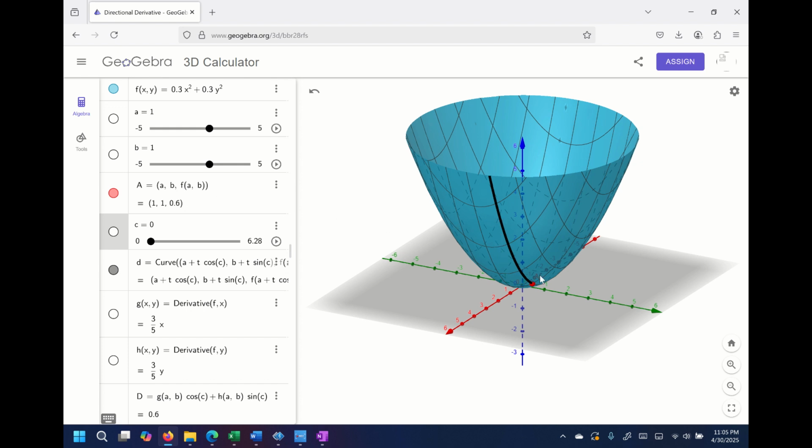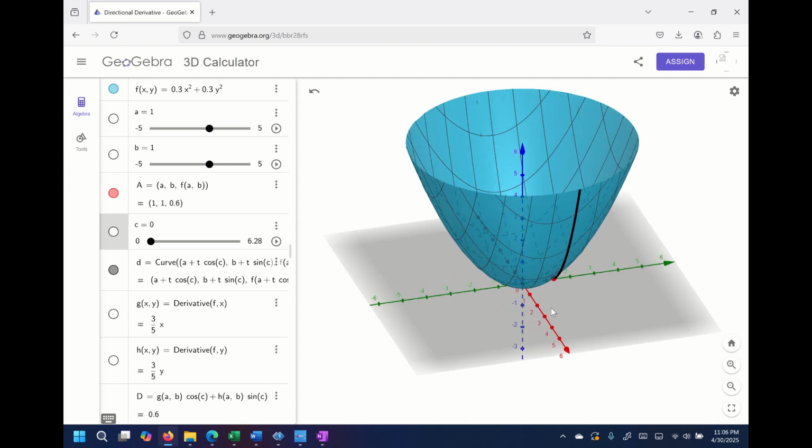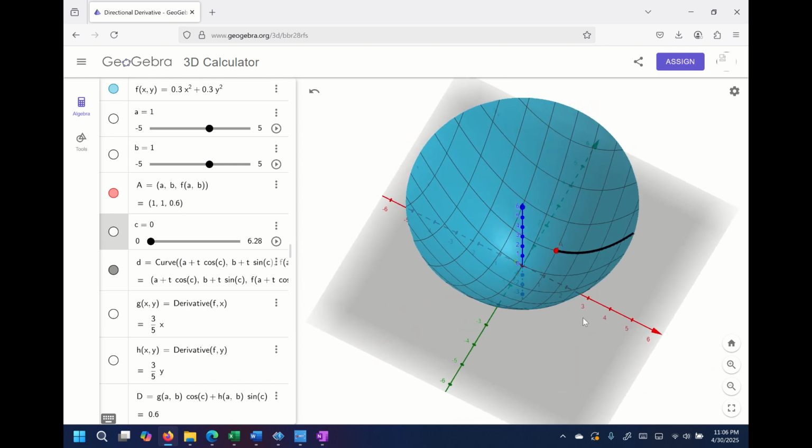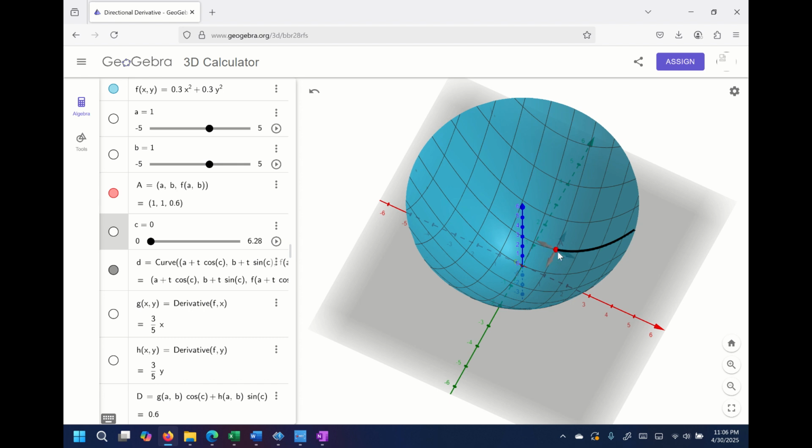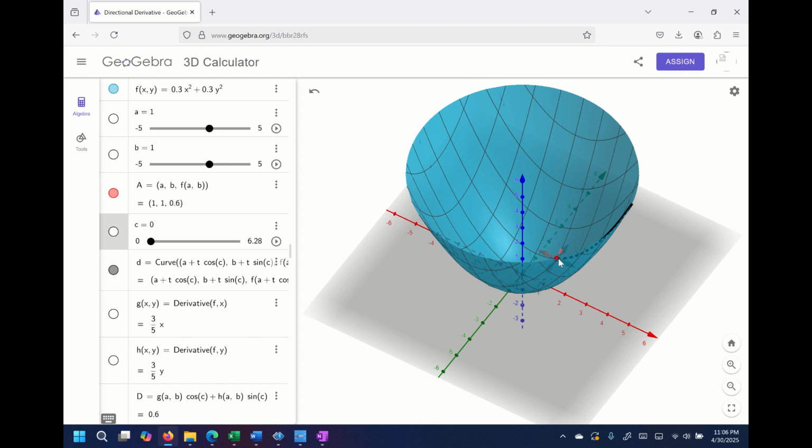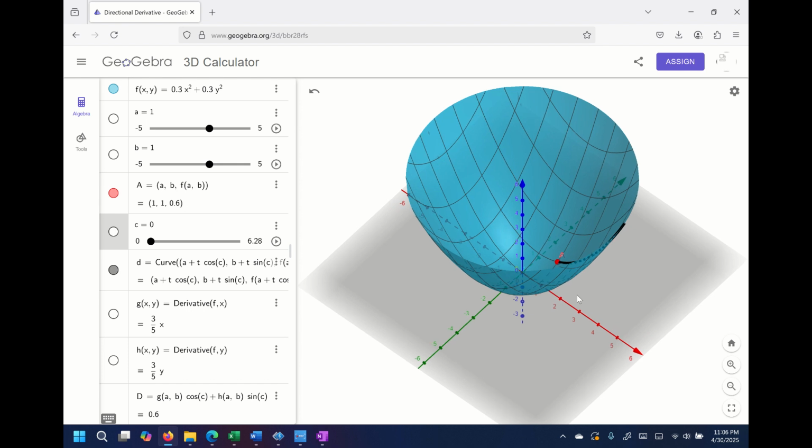If you were at the point (1, 1) right there, and you were standing on this graph, depending on which direction you walk out, you would have a different experience. If you walked out in this direction, you would be going upwards. If you walked out in that direction, you would be going downwards into that valley.